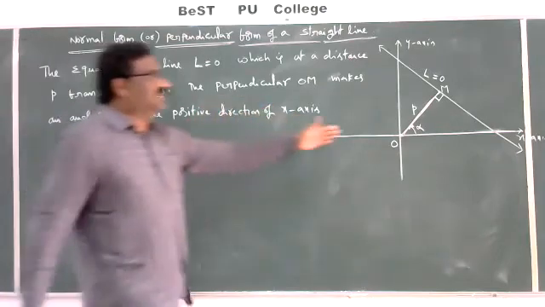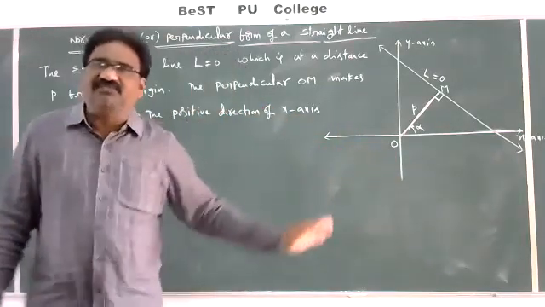The perpendicular makes an angle alpha in the positive direction of x-axis.